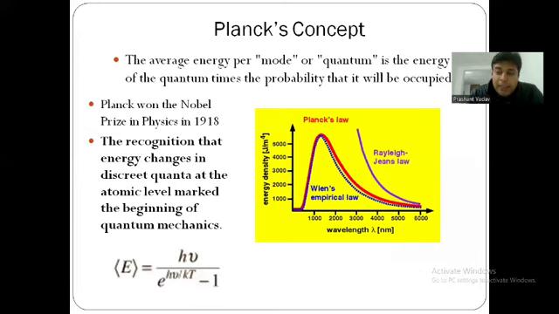For explaining this phenomenon, Planck introduced a concept, for which Planck got the Nobel Prize in 1918. Planck introduced the concept of quantum, or quanta.